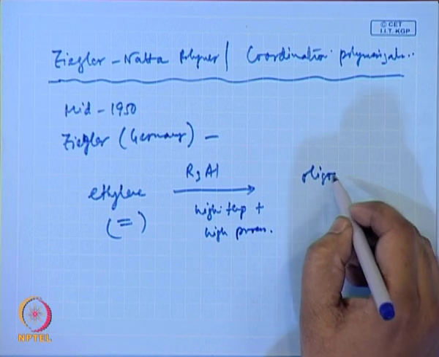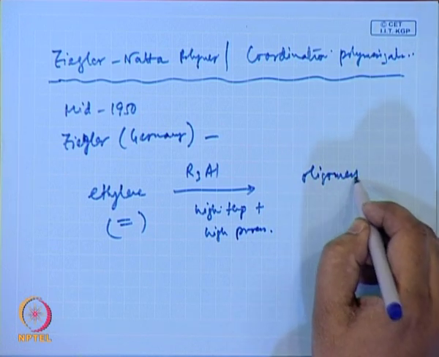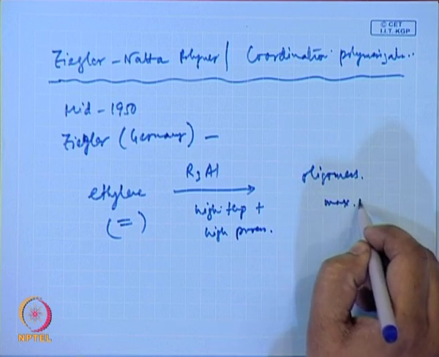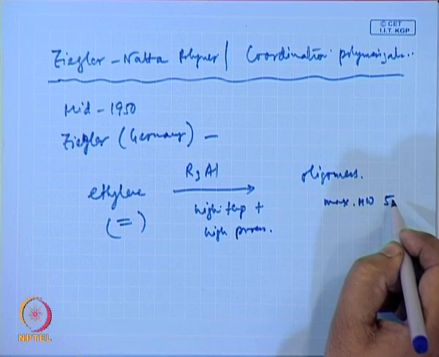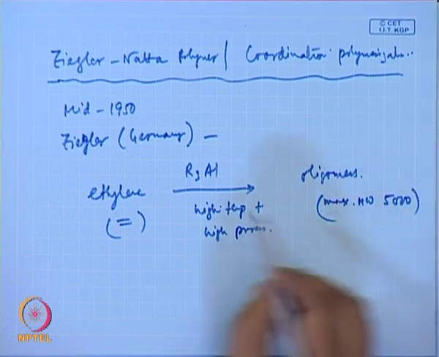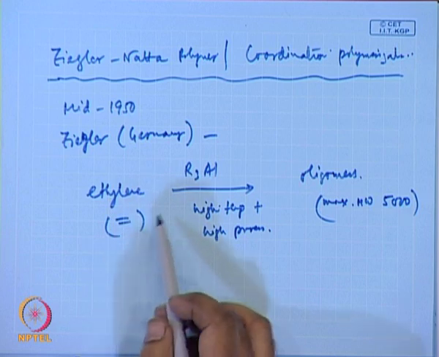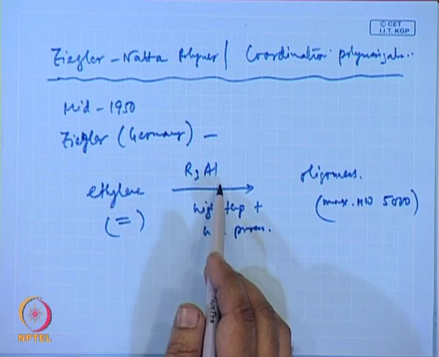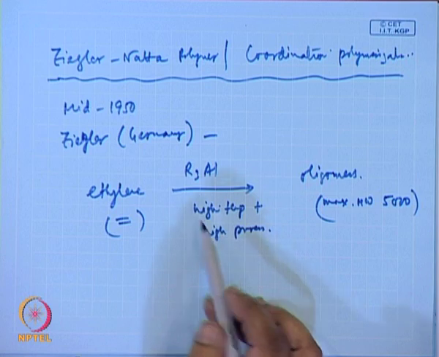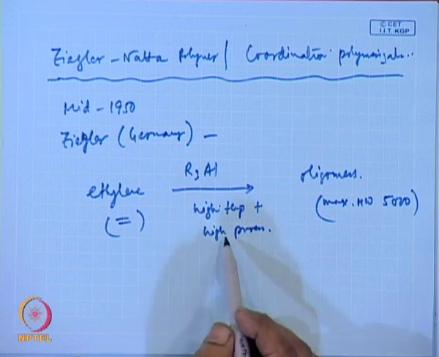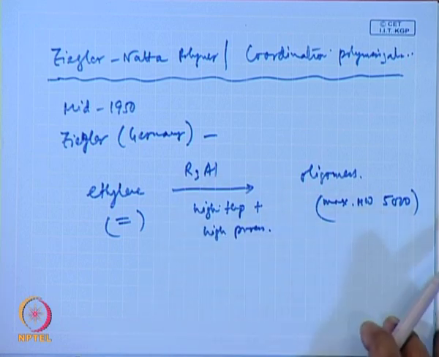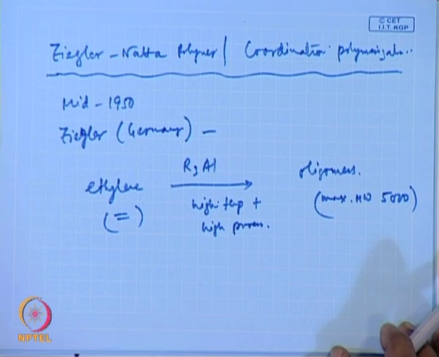So, oligoethylenes, with a maximum molecular weight of around 5000. So, he was carrying out a polymerization reaction of ethylene in the presence of a trialkyl aluminum, and at high temperature and high pressure he only got an oligomeric species, not a polymeric species.